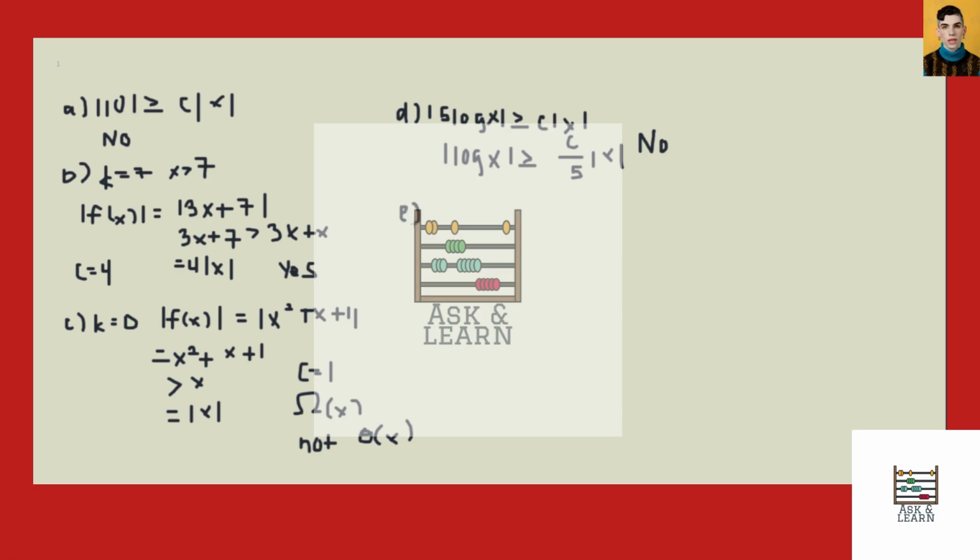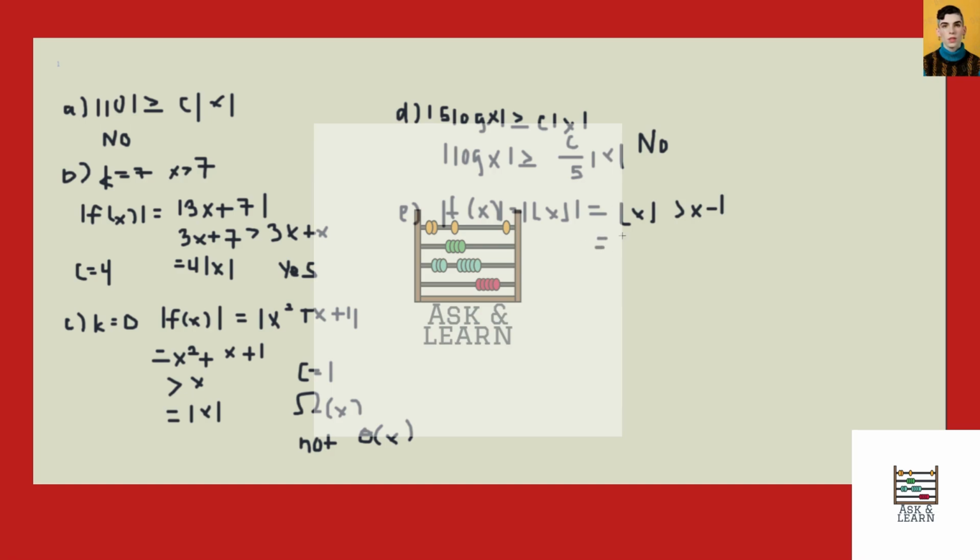Part E, we have f of x is equal to the floor function of x, and g of x is equal to x. So when we take the absolute value of this, the function is bigger than x minus 1, and we're saying that k is equal to 2, so x is bigger than 2.